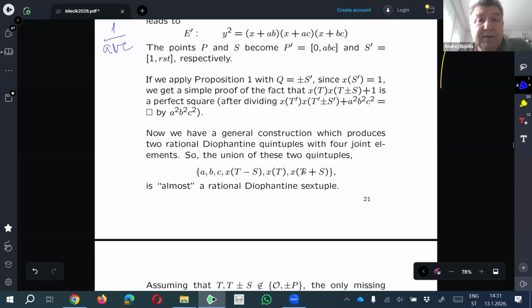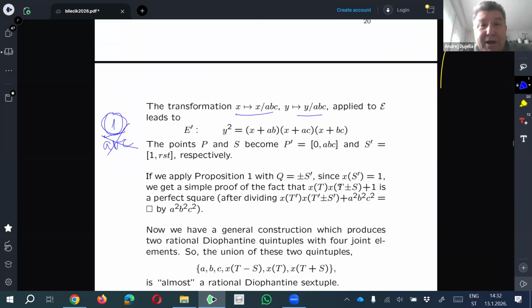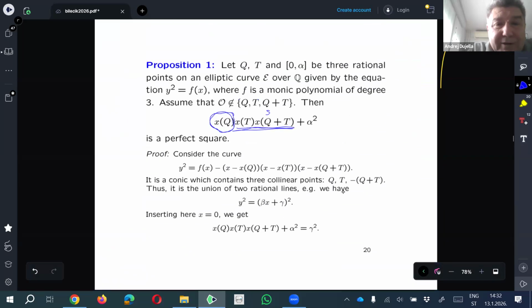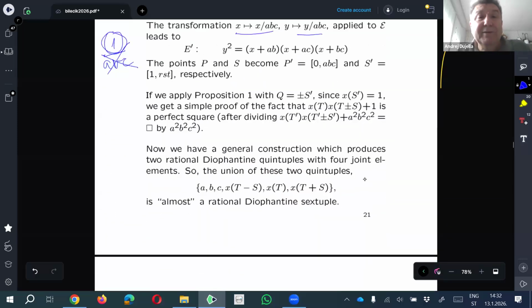So if we get rid of this coefficient by the standard method, our first coordinate will be multiplied by ABC. So only number 1 will appear here, which means that this cofactor, if we take point S here, becomes number 1, and we will have the result product plus something is a square, what we needed.